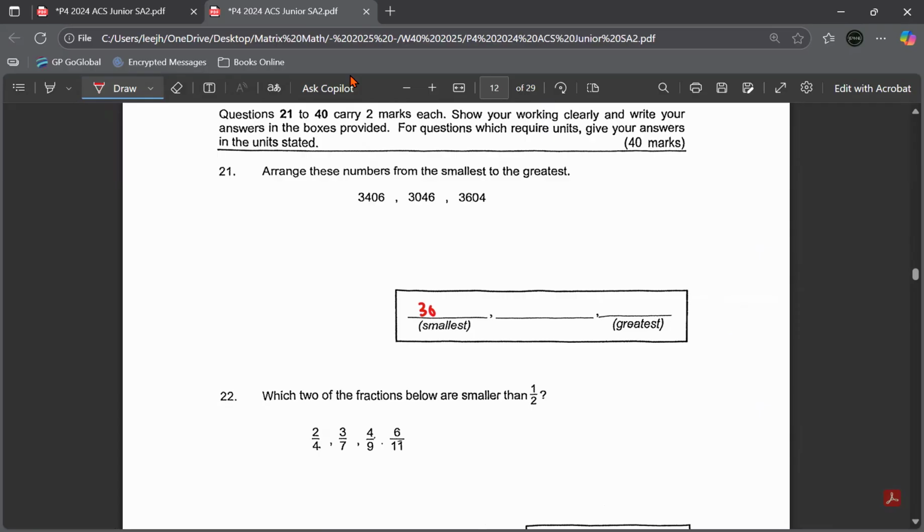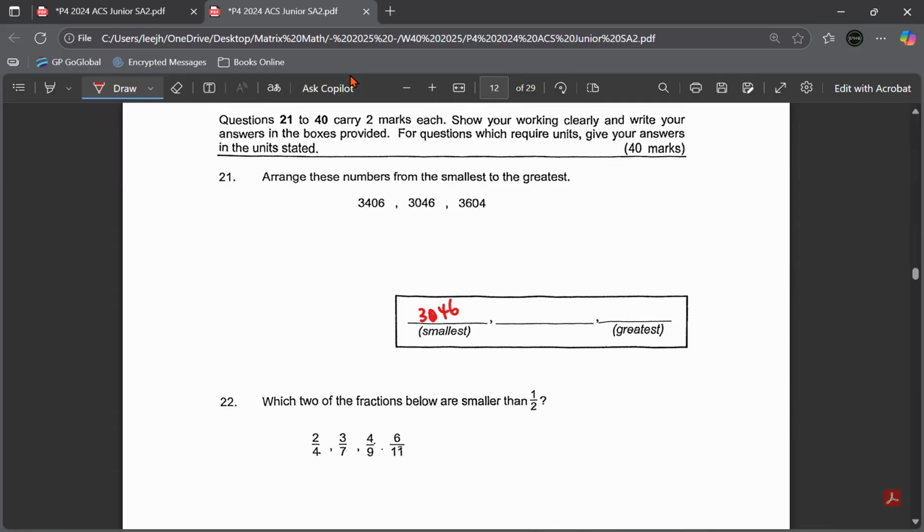Smallest is 3046, followed by 3406, and then 3604.